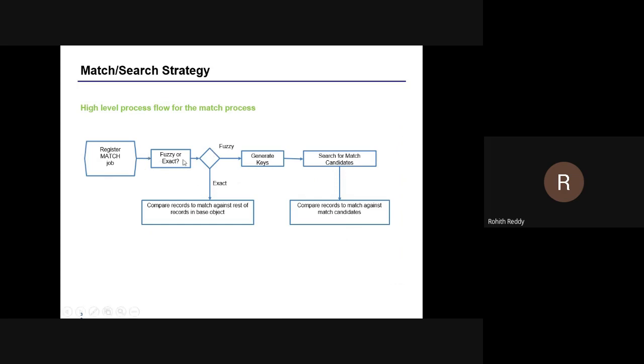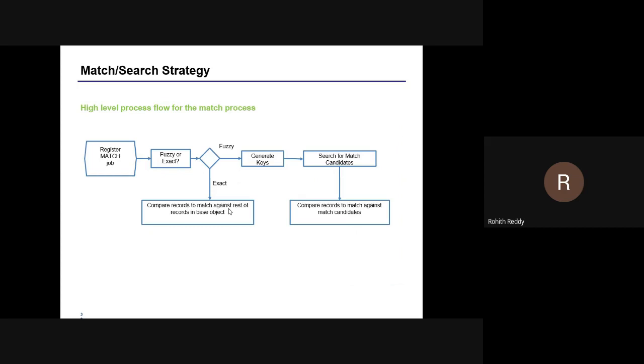See here, if it is fuzzy, then only tokens will be generated. Search for match candidates, compare the record to match against the match candidates. Match candidates it creates, then go for the matching process. Here, if it is exact, it just compares the records to the rest of the records in the base object. So this match process will be performed at the base object level only, as we have different tables available, right?